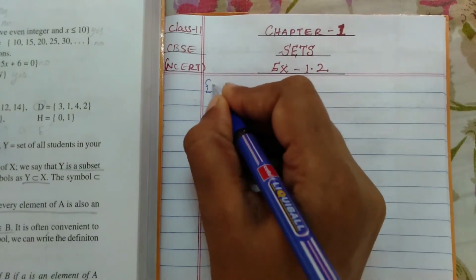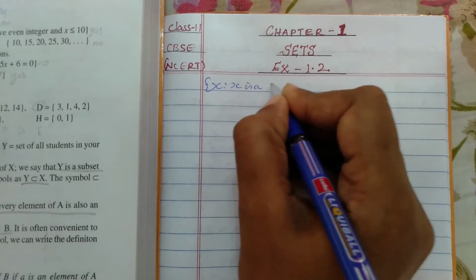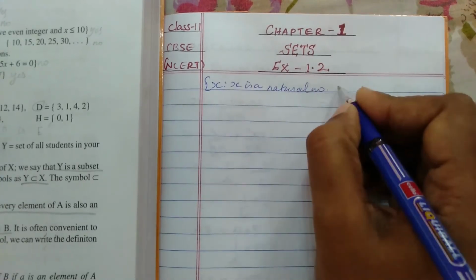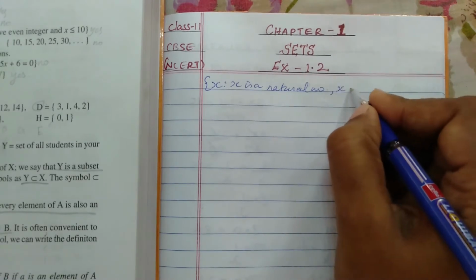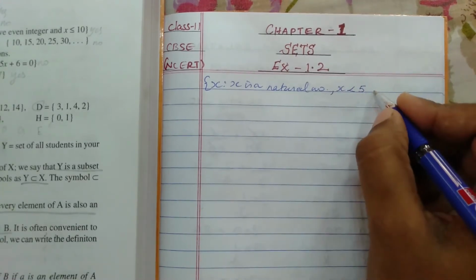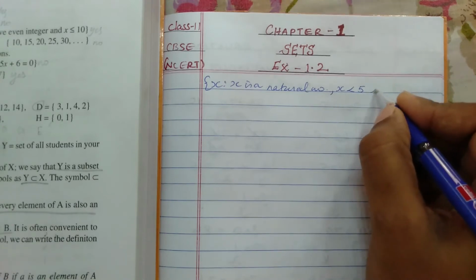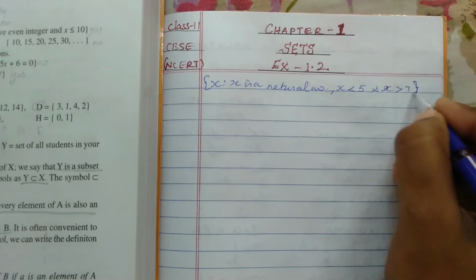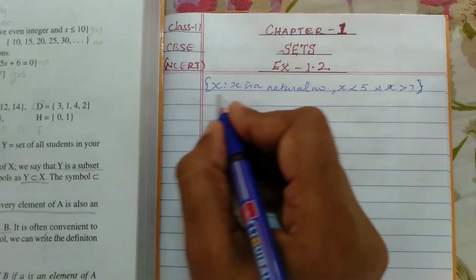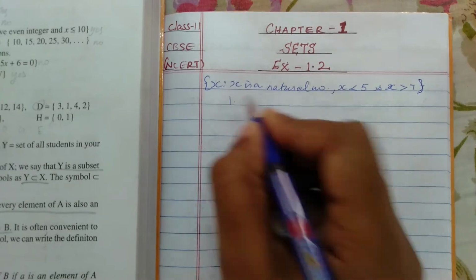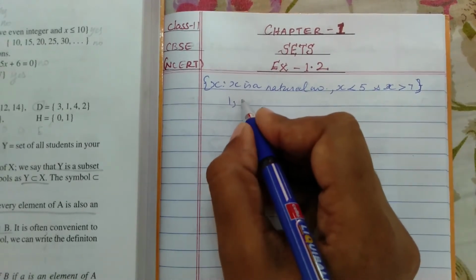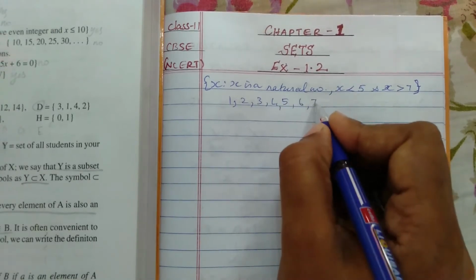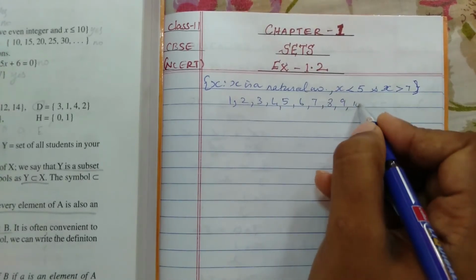Now, x such that x is a natural number where x is lesser than 5 and x is greater than 7. Now how is this possible? You have numbers. It is given natural number. So 1, 2, 3, 4, 5, 6, 7, 8, 9, 10.